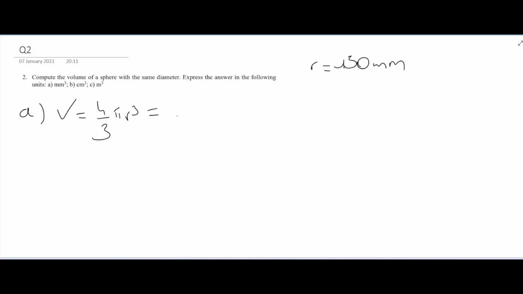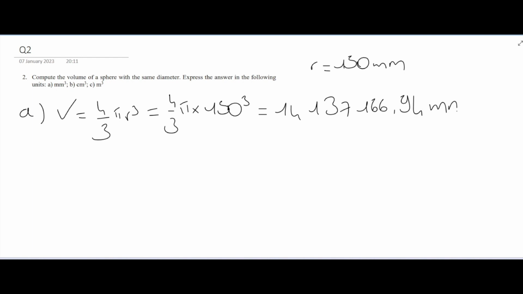So for millimeters cubed, it is simply going to be 4/3 pi times 150 cubed. Now this comes out as quite a big number, which is 14,137,166.94, a massive number.